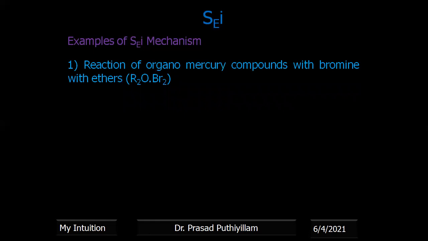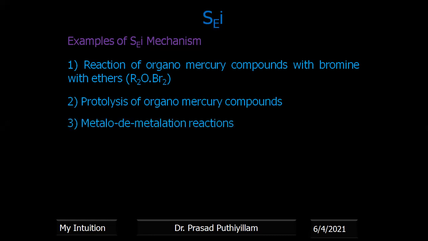Next are the examples of the SEi mechanism. Some of the reactions classified under the SEi mechanism are: the reaction of organo-mercury compound with bromine in the presence of ether, that is, ether-supported bromine attack. Second, protonolysis of organo-mercury compounds; protonolysis means addition of a proton, H+.